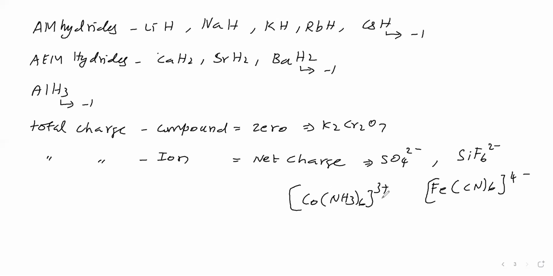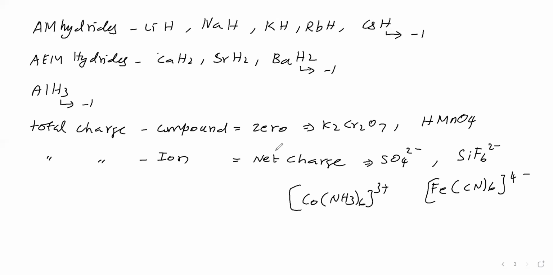For this total charge is +3. For this total charge is -4. For this total charge is 0. Now I will take like this. For this total charge is 0. Okay.